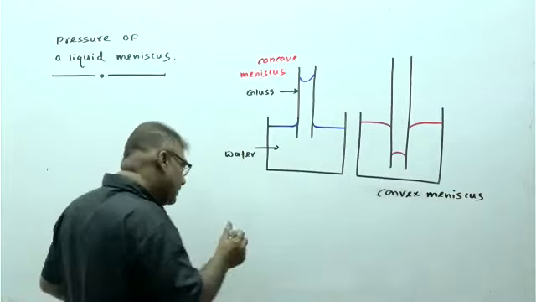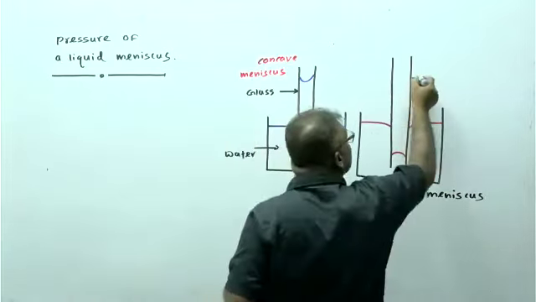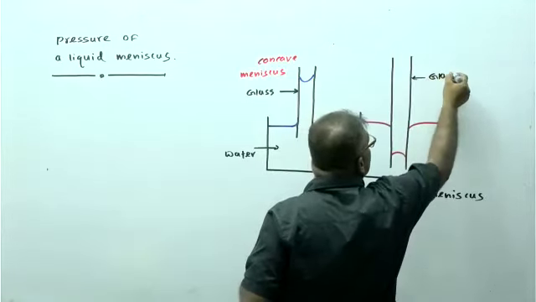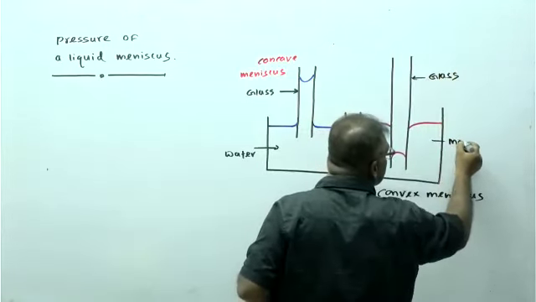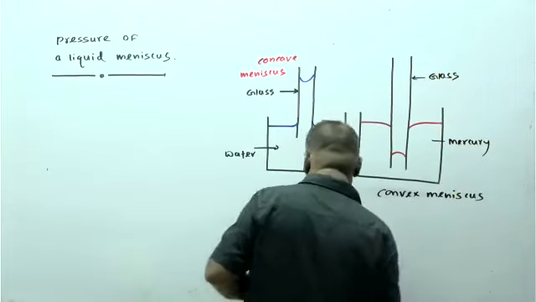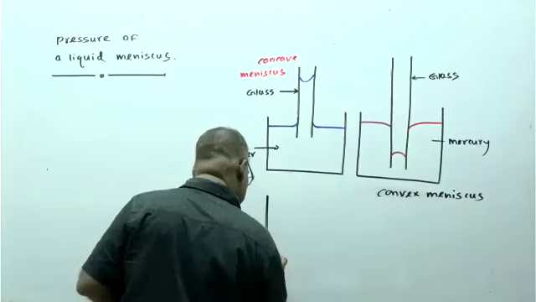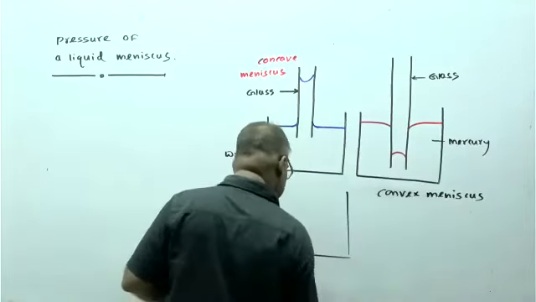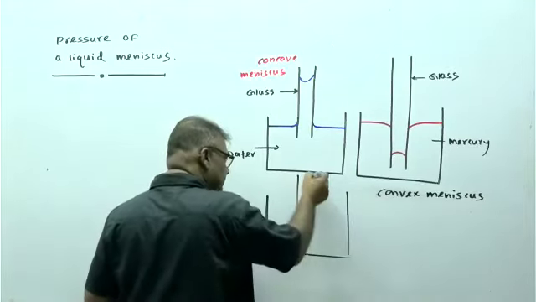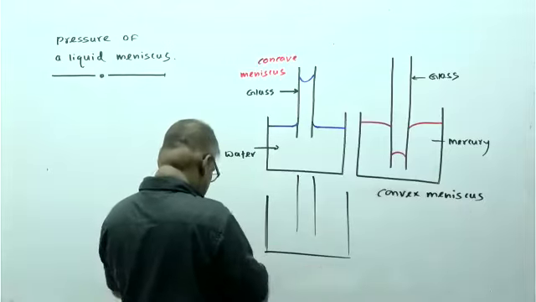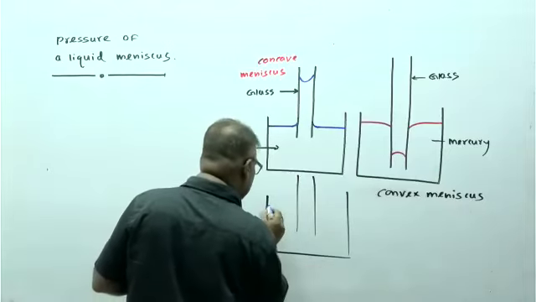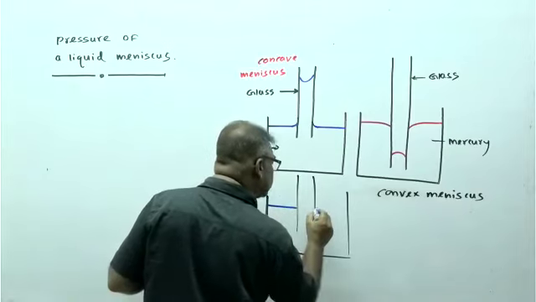And you are given another special situation. This is glass, right? Glass, here mercury. And you are given a water beaker immersed with an iron tube. You see, it is an iron tube.